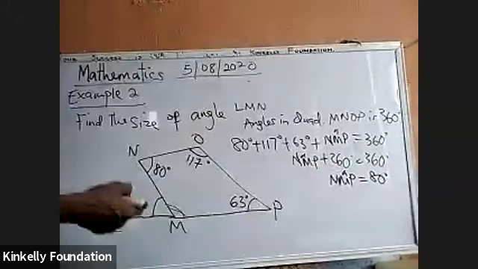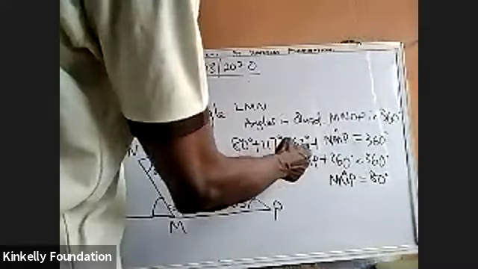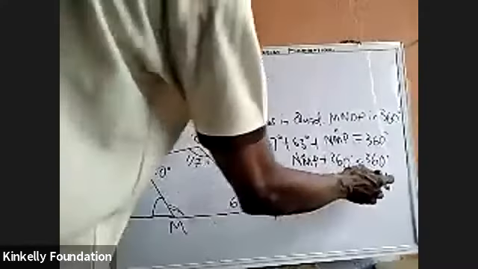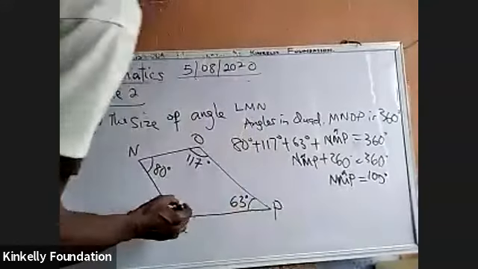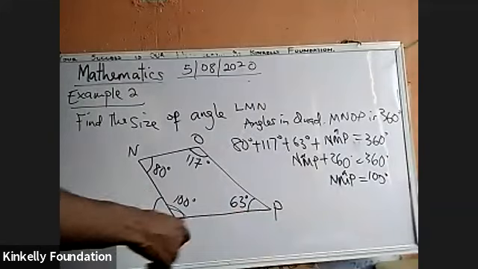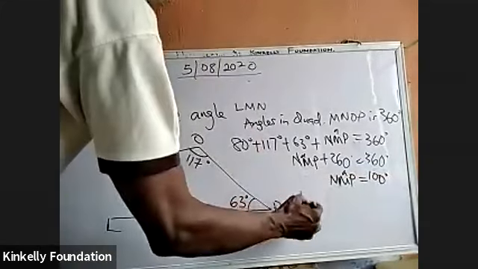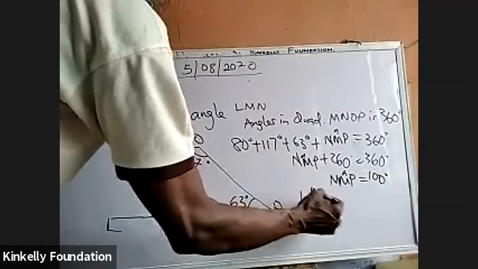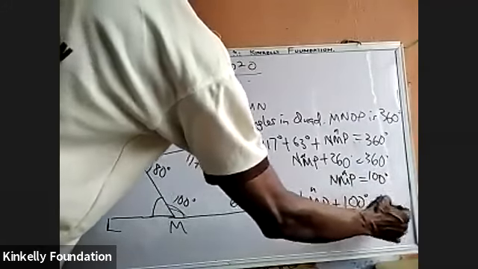100 degrees. So this angle is 100 degrees. So the outside one will now be angle LMP. Angle LMP plus 100 degrees is equal to 180 degrees.